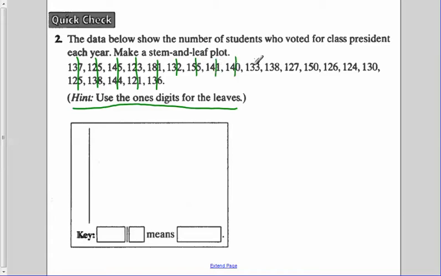Otherwise, just be very careful that you do not mix them up by putting the bar in between your hundreds and tens place. So let's look at our least value for our stem, and I've got 13, 12, 14, 18, 13, 14, and 12 is my least. So 12 is going to be the least up here.